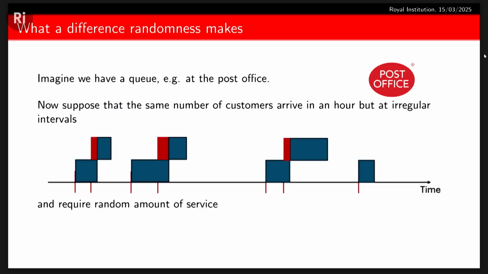And then we add in service, and some of those services are less than a minute and some are longer, but now we're starting to get queues building up, because you can see the red is when somebody arrives and the person ahead of them is still in service. And so the red period is when they're waiting before they gain service, and then they have their own service period.